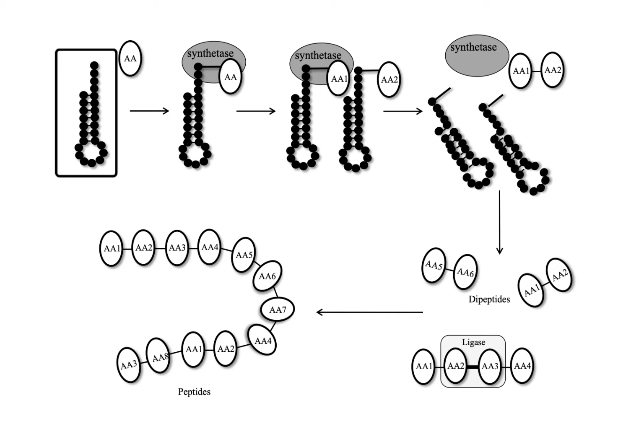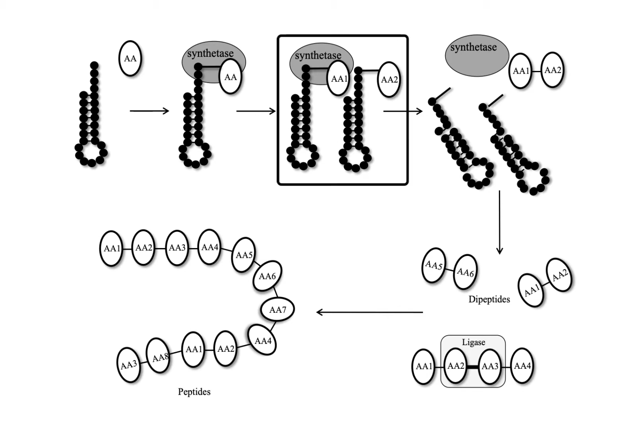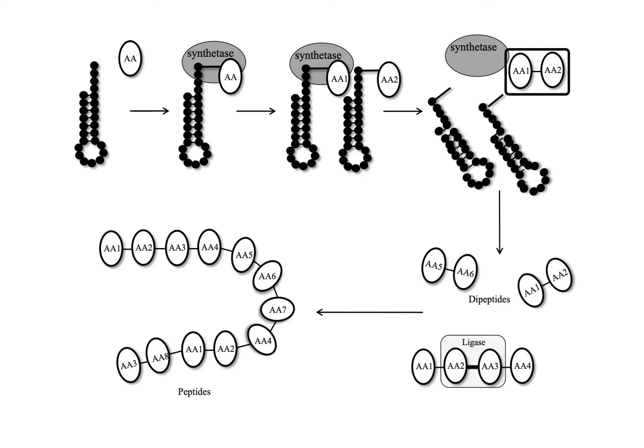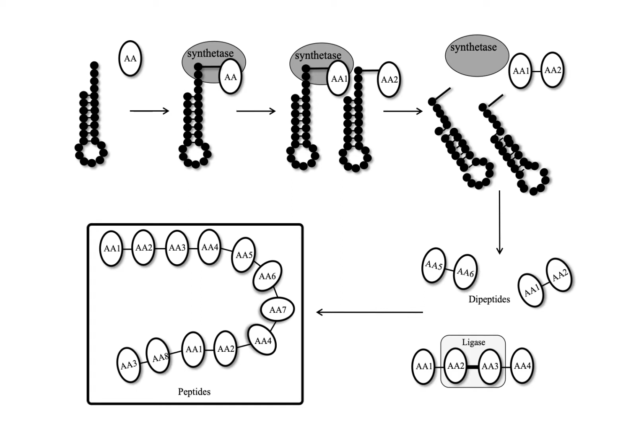So you start out with a tRNA, and you have a synthetase that adds the amino acid on, and then you have two of these coming together to add the two together. So now you get dipeptides, two amino acids, and then another molecule, a ligase, can put those together, so you can make a string of amino acids into a peptide.